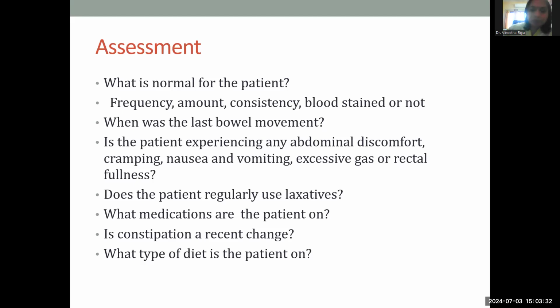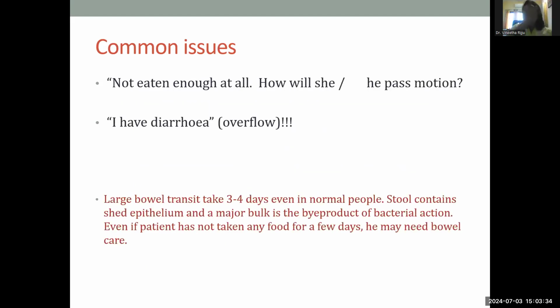Now, common issues. When you try to ask the patient about constipation, immediately the family member may say, but how will he pass stools? He's not eating at all, or she's not eating at all. This is such a common question.